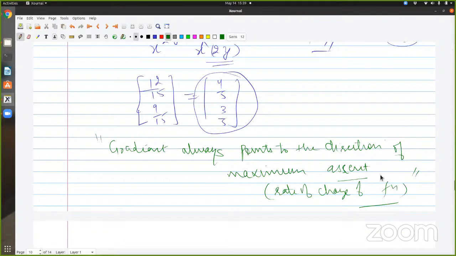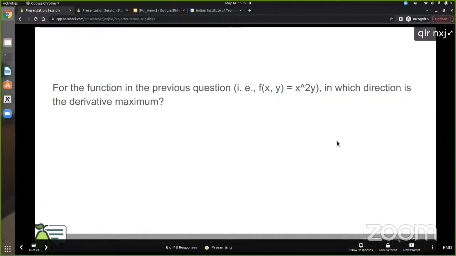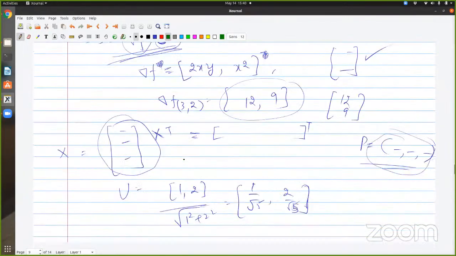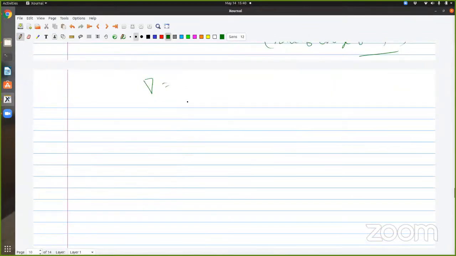Okay. Now, in this question, we are asking in which direction will the derivative be maximum. Derivative is the rate of change of the function, which will be maximum along the gradient. The gradient was 12, 9, right?